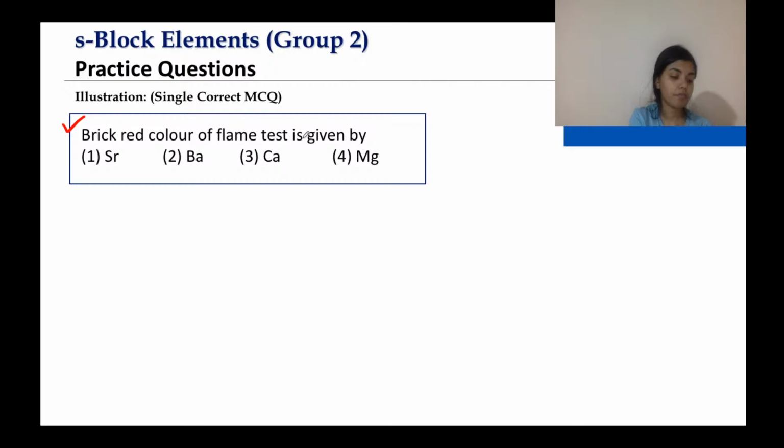Brick red color to the flame test is calcium. So calcium gives brick red color to the flame test.